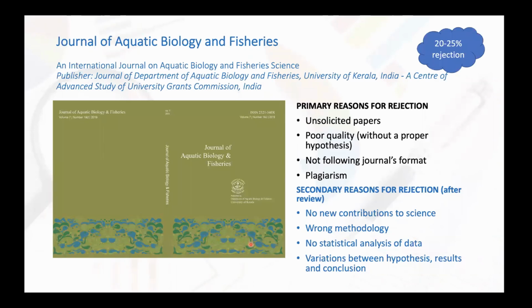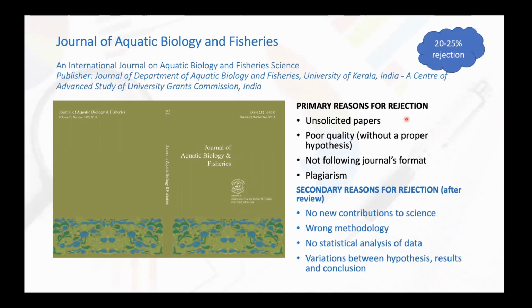I am the editor of the Journal of Aquatic Biology and Fisheries, and even though this is a university journal, remember, I can tell you 20 to 25%, sometimes up to 30% of papers are rejected. And what is the reason for my or the editorial team's rejection?